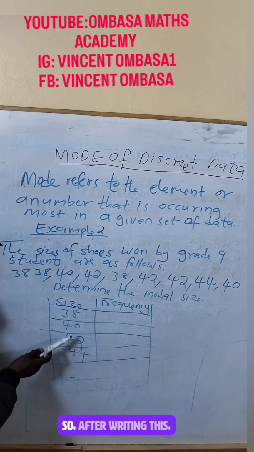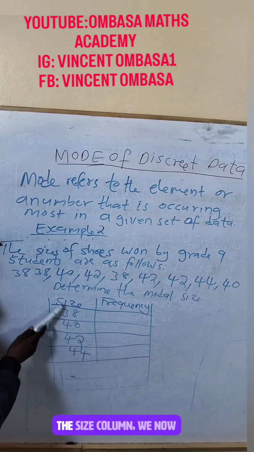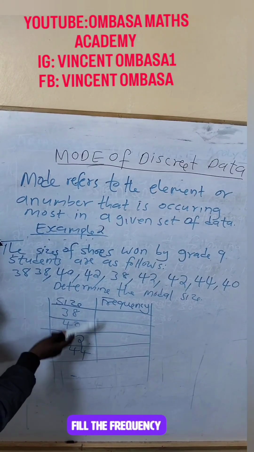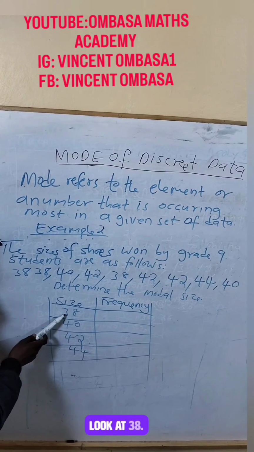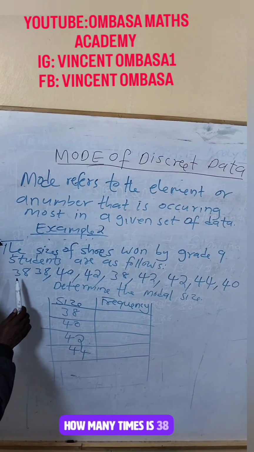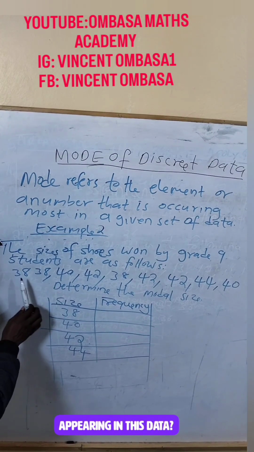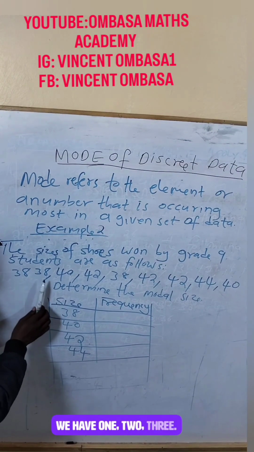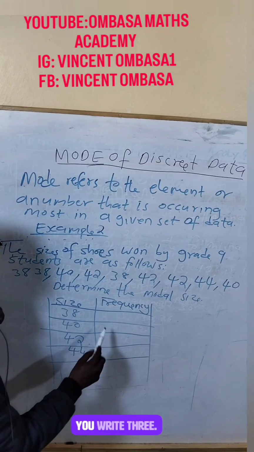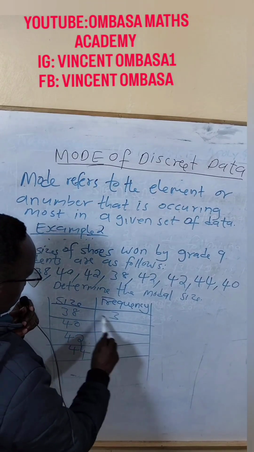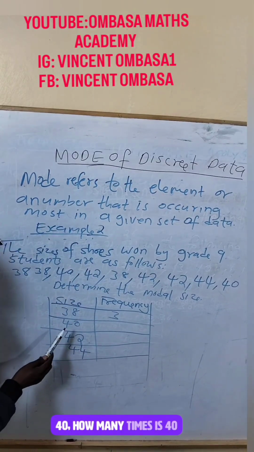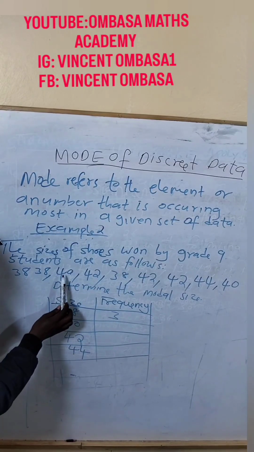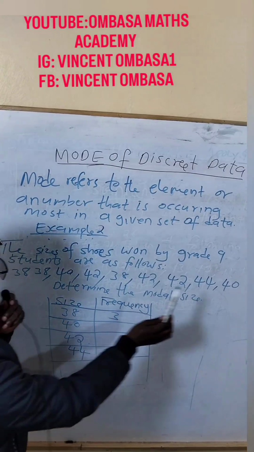So after writing the size column, we now fill the frequency column. Look at 38. How many times is 38 appearing in this data? We have 1, 2, 3. You write 3. 40. How many times is 40 appearing here? 1, 2.